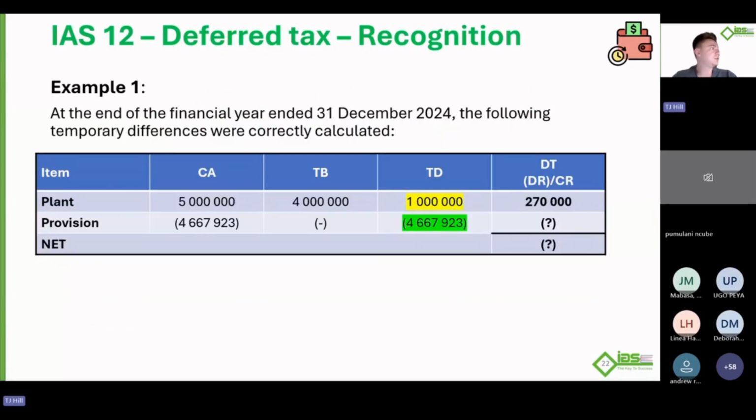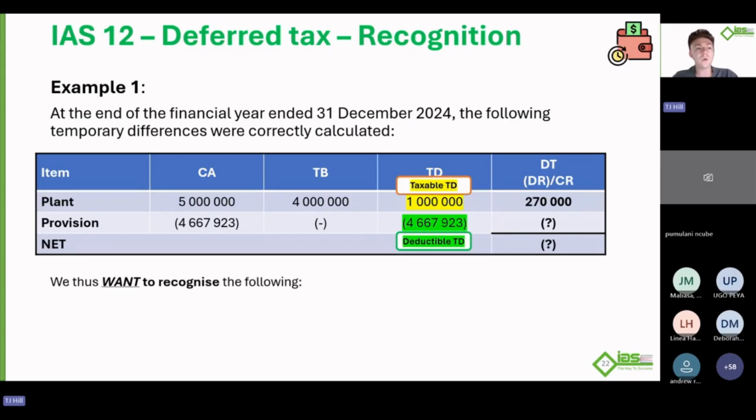Okay, we're going to do a quick, very brief example here. At the end of 31 December 2024, I've given you now plant and provision here. We have a taxable temporary difference of $1 million from the plant and a deductible temporary difference from the provision. Do you see that the deductible temporary difference is much higher than the taxable one?